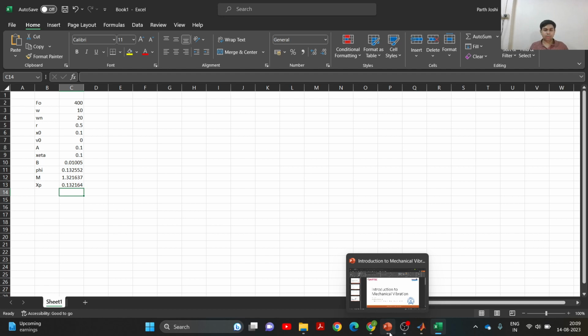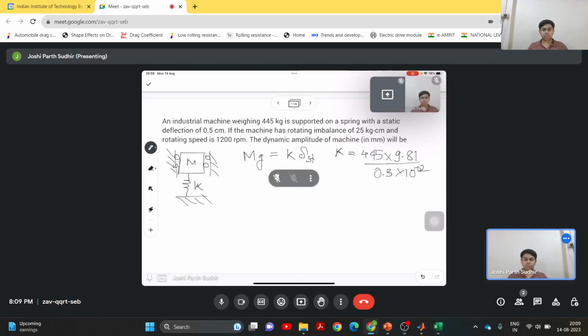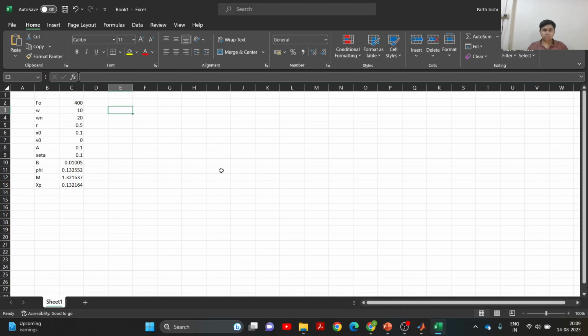So that would be 445 into 9.81 into 100 divided by 0.5. So it would be 873090 Newton per meter.